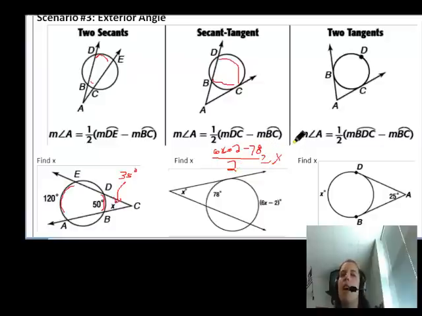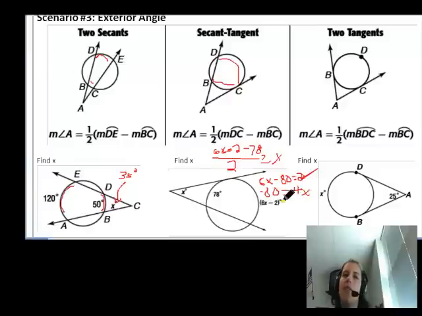So we've got to do a little bit more algebra here. I would start by multiplying both sides by 2, and we would come up with 6x minus 80 equals 2x. And then when we move the 6x over, we'd wind up with negative 80 equals negative 4x.